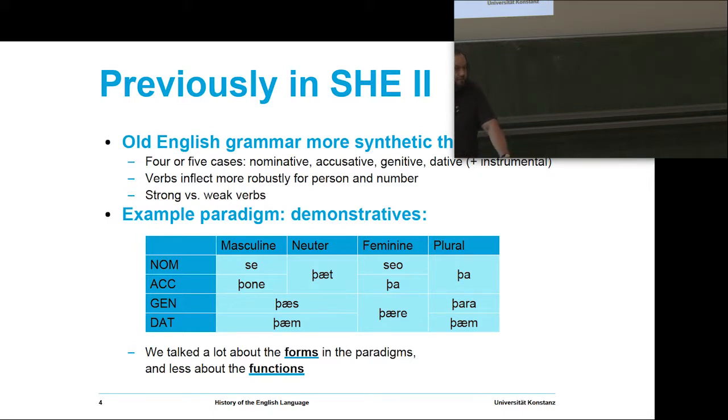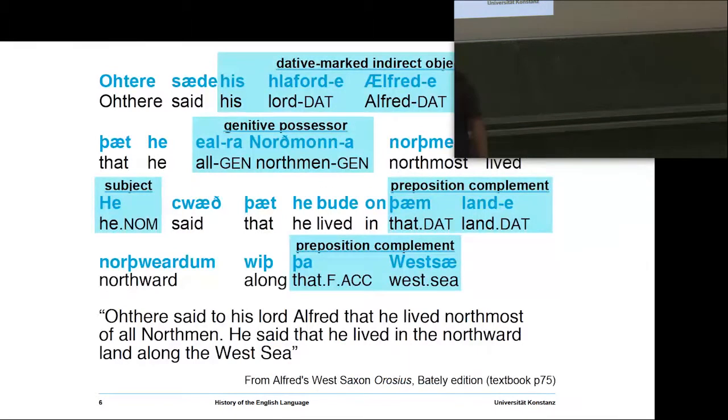So if you're trying to figure out what case something is in Old English, the most straightforward way of doing it is using exactly this demonstrative pronoun. You don't always find a demonstrative. Sometimes you're not lucky enough to find one, but when you do have it, it's really good evidence if you're trying to figure out a case form.